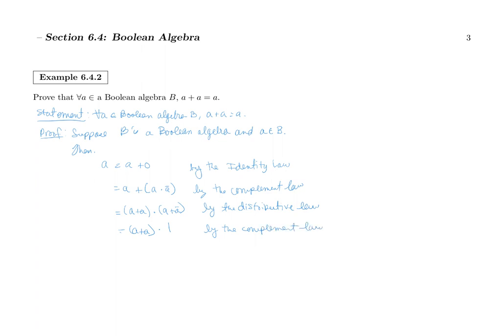Now we've got A plus A times 1, which is just A plus A, which is by the identity law. And we have shown what we set out to do. Let's see if 6.4.3 is just as straightforward.